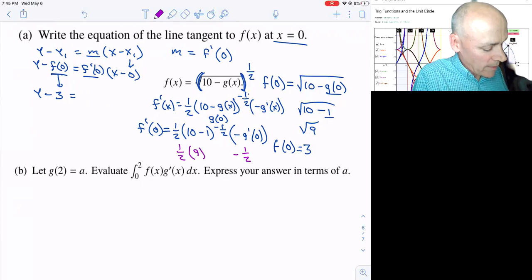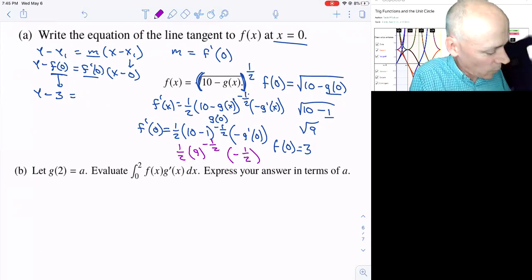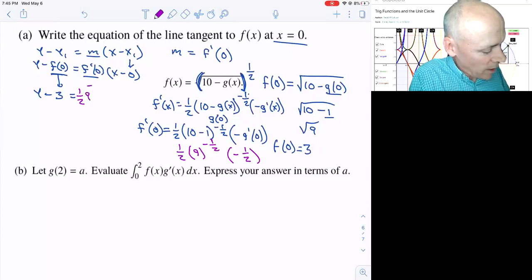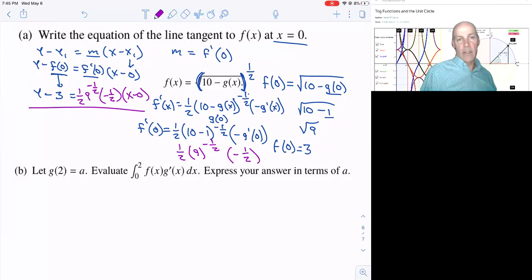That's going to be 9 raised to the negative 1/2 power times negative 1/2. Okay, I'm not going to take any chances. I'm just going to rewrite that. I'm going to simplify it because who really knows what 9 to the negative 1/2 is anyway. So I just got 1/2 times 9 to the negative 1/2. I know you guys know it. Times negative 1/2 times the quantity x minus 0. Okay, that right there is the equation of my tangent line.